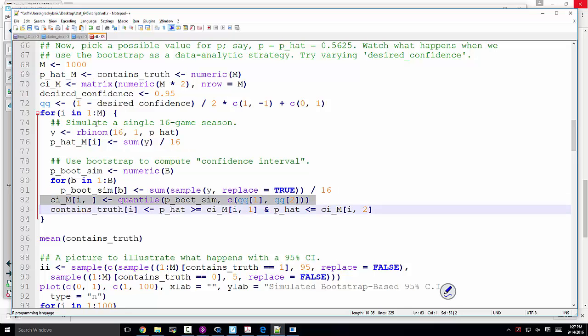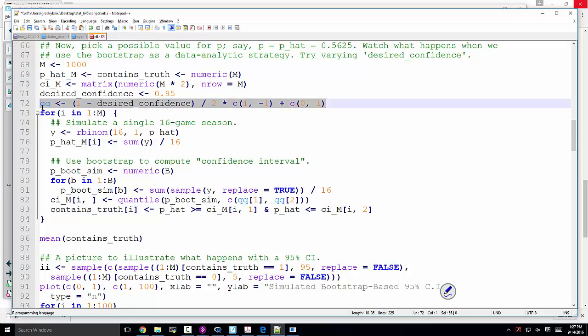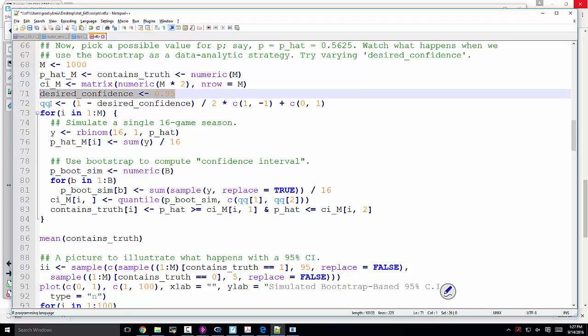That quantile function gives you percentiles. And I've written this generally, QQ up above, and desired confidence allow me to, by just changing desired confidence, go between, say, a 95% confidence interval to an 80% to a 99%. So I'm going to encourage you to vary this value right here and see what happens when you rerun this many times.